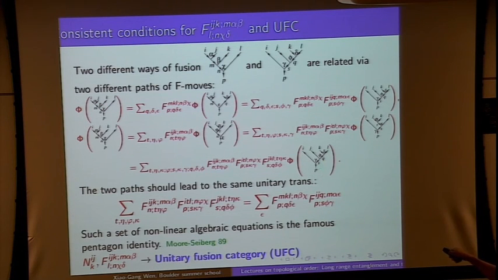However, these two different splittings should be related by a unitary matrix. This particular unitary matrix can be constructed using the F unitary matrix we just defined, which relates different ways of splitting, but through some smaller steps.